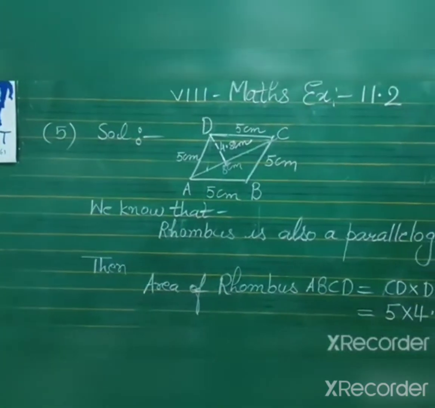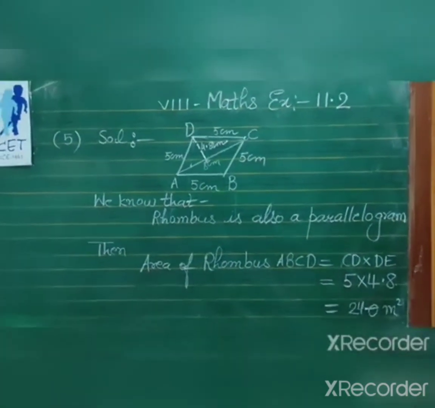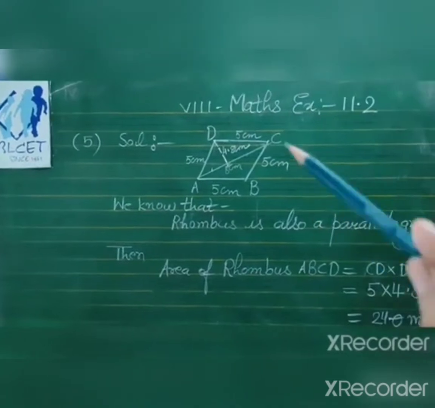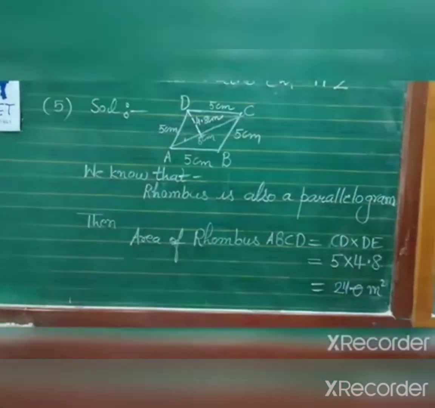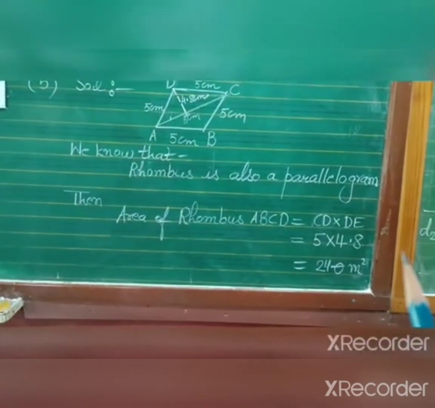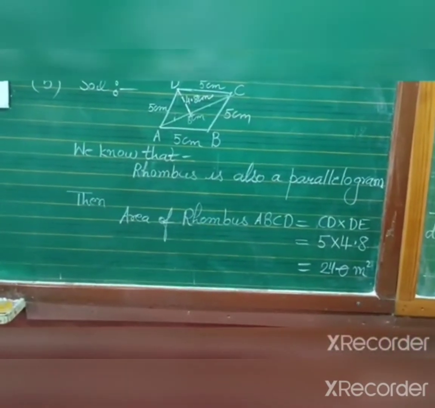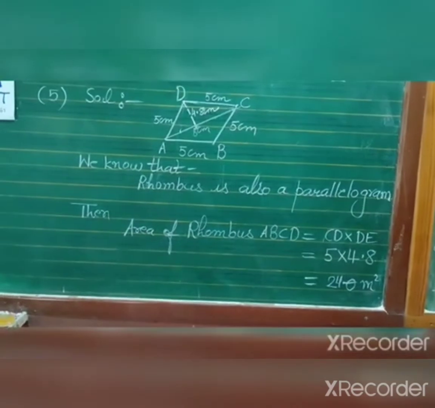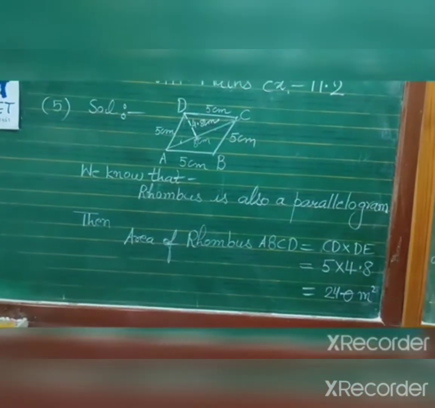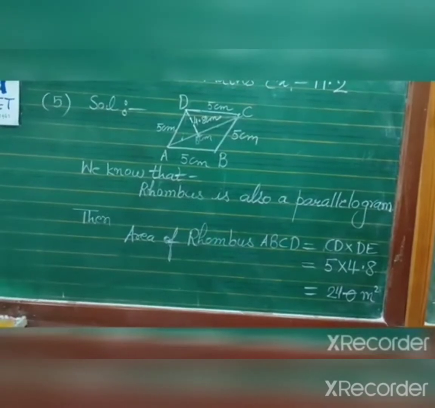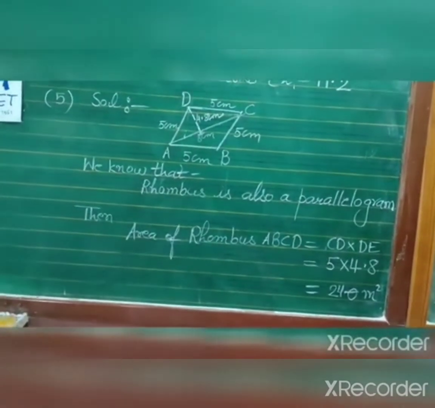Now see the next question, rhombus ABCD. Height is given, diagonal is given, side is given. But we know that a rhombus is also a parallelogram. Same way, a square is also a rectangle, but a rectangle is not a square. Same way, a rhombus is also a parallelogram because it fulfills all the properties of a parallelogram.